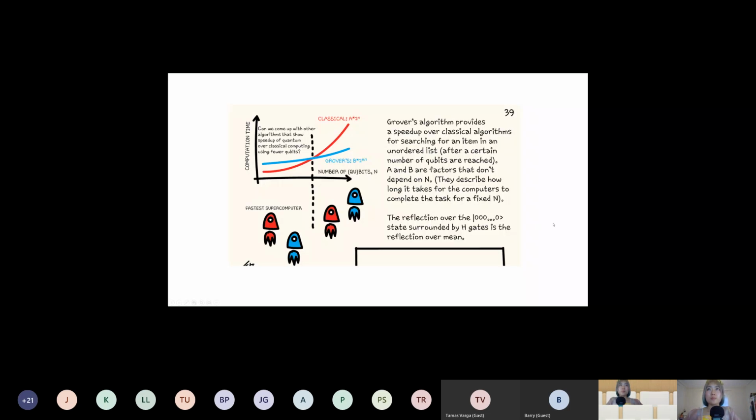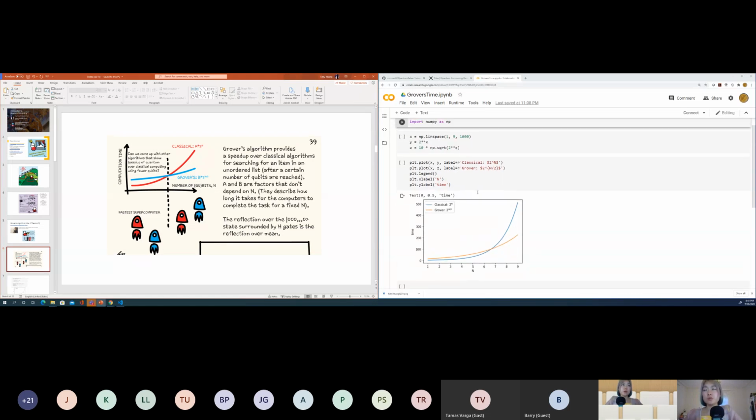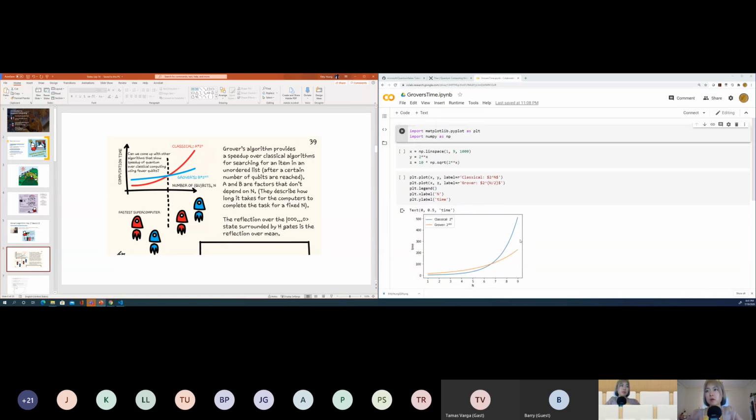I did also make a little plot just to show this concept here. Of course, if we look at the scaling factor, Grover is square root of 2 to the n. Classical is 2 to the n, and it seems that Grover would be faster, but then we don't know what the prefactors are. So if you want to see how this scaling goes, you can put just fictitious factors in front of them.